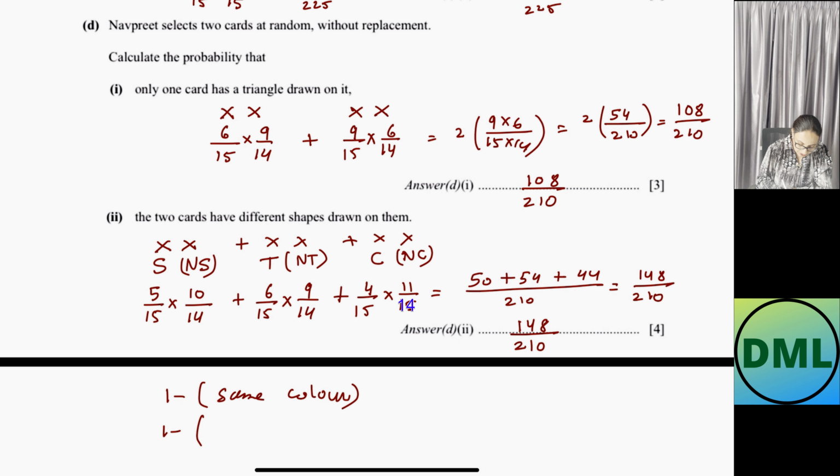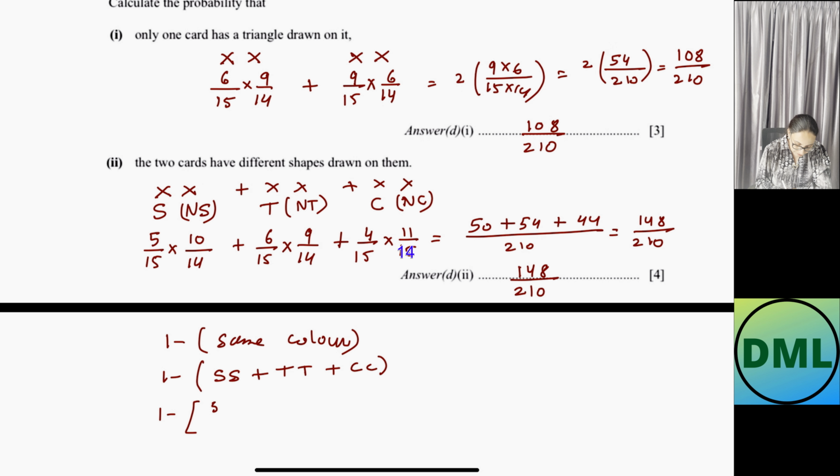First square is 5 by 15, second square is 4 by 14. Plus triangle: first triangle is 6 over 15, second triangle is 5 over 14. Circle: first circle is 4 over 15 times second circle is 3 over 14.